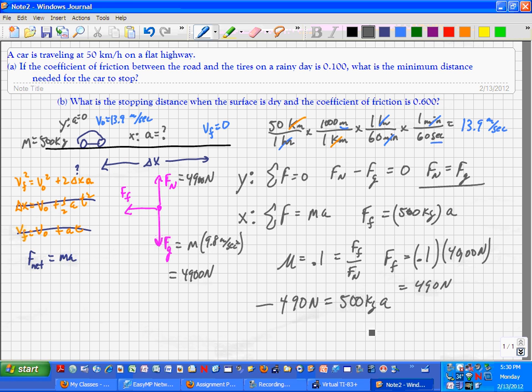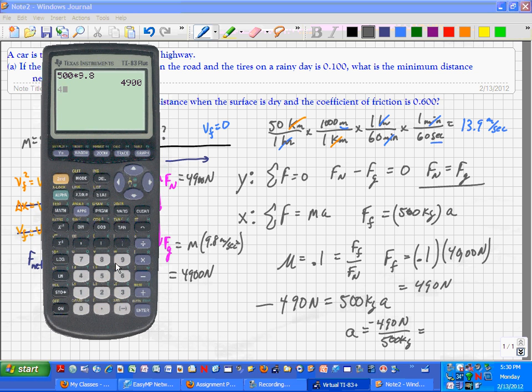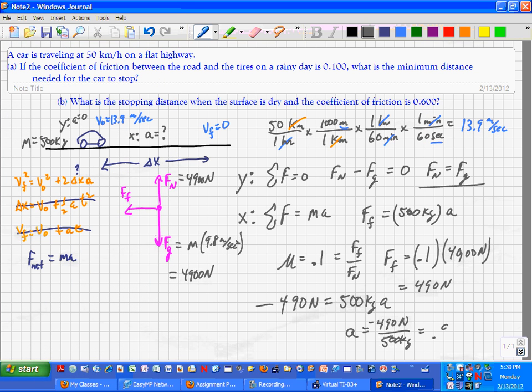The acceleration is going to be equal to negative 490 newtons divided by 500 kilograms, which is 490 divided by 500, is 0.98 meters per second squared, and that's negative. I almost lost my negative sign there.